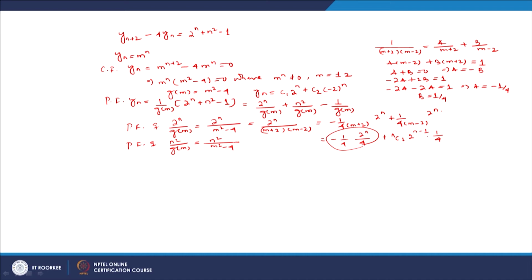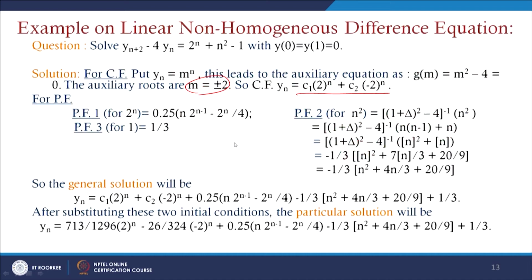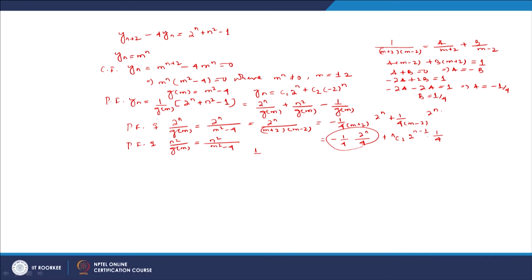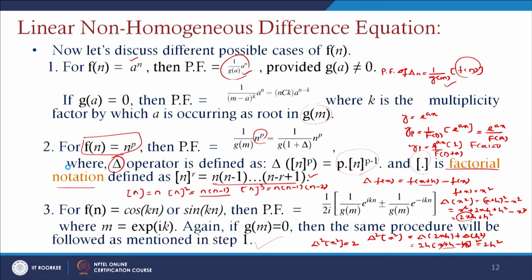Looking at our previous slide, if f of n equals n to the power p, then the particular function of 1 by g of m, n to the power p, can be written as 1 by g of 1 plus delta, into n to the power p. So directly we can write there 1 by g of 1 plus delta, n to the power p.